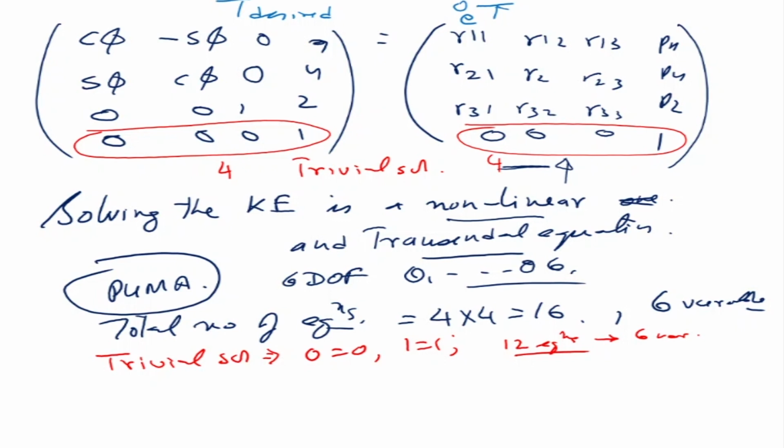Let me write down the manipulator example here. Let's make it 3 degrees of freedom, a 3R manipulator.